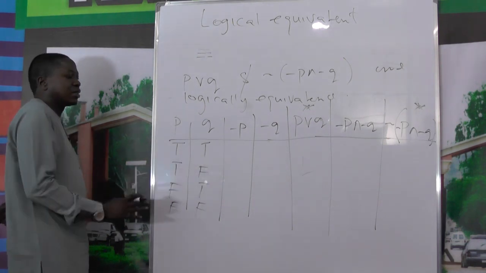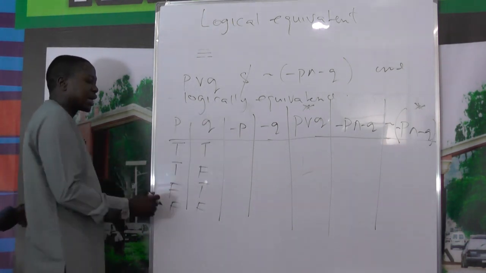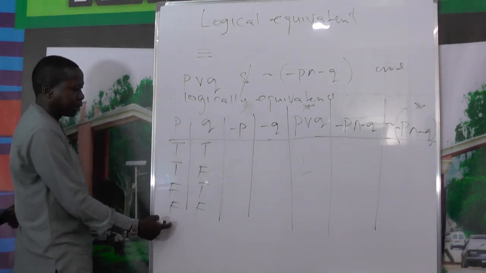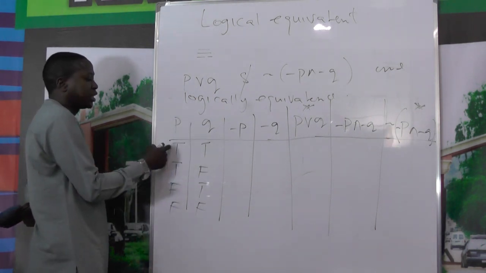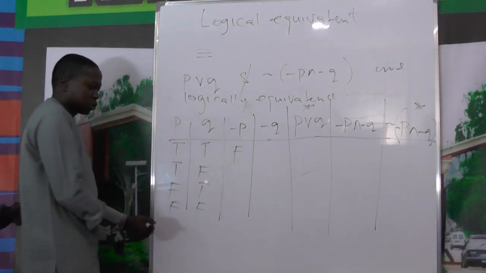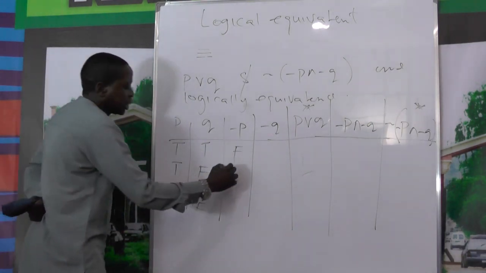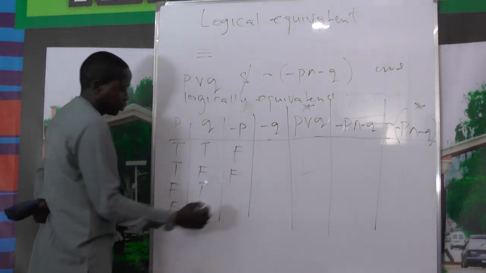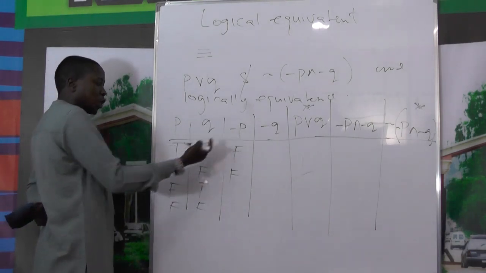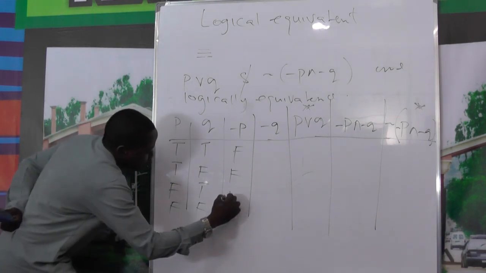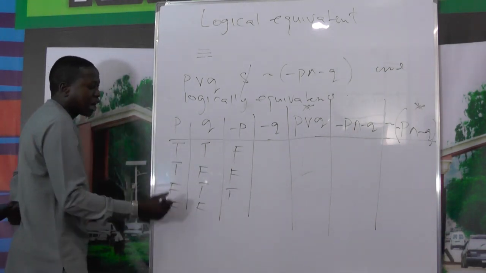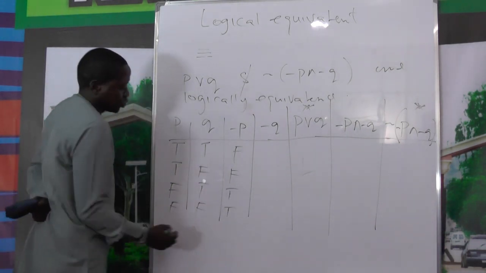They are like that. And this one, we are negating this P, the column of P. Here we have T, this one becomes false. Here we have T, this one also becomes false. Remember negation, when you have true, it becomes false. Now we have false, here it becomes true. Here we have false, it becomes true.